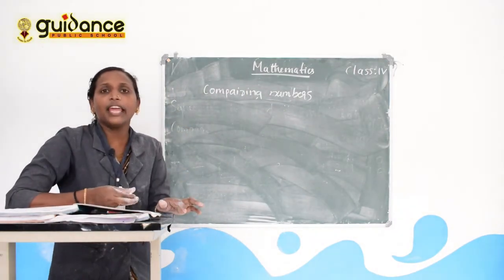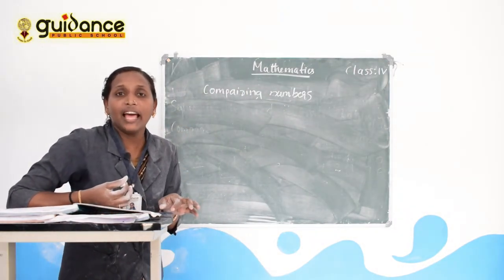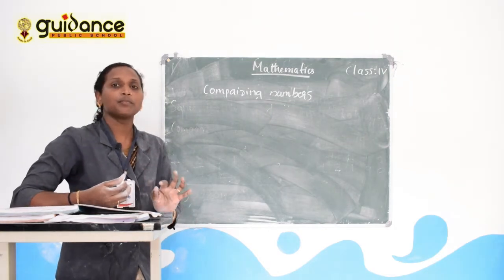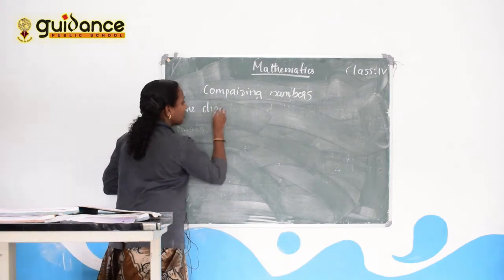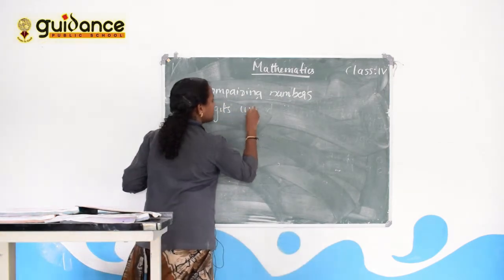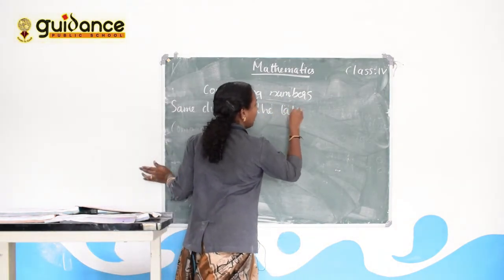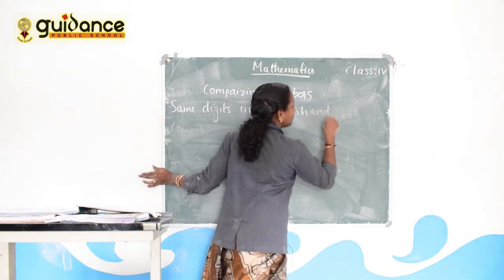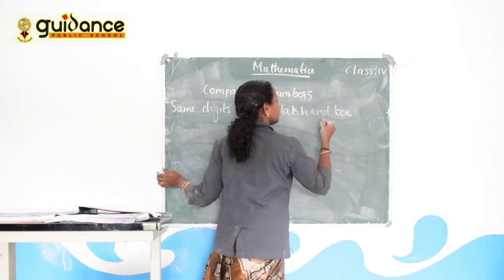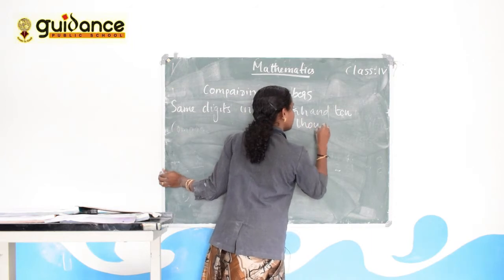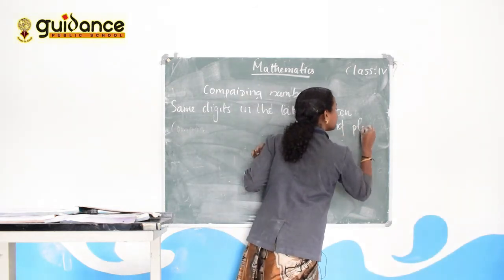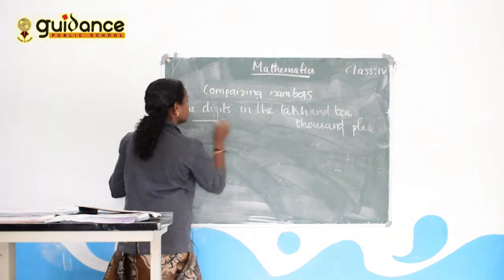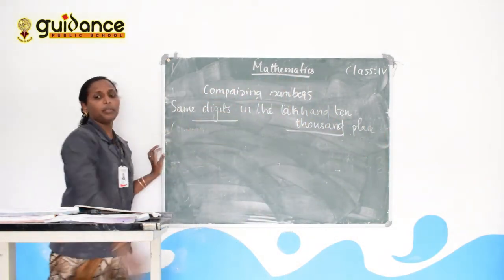The next case is the same digits in the lakh and 10,000 places.